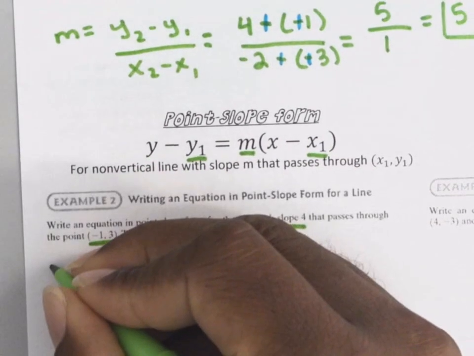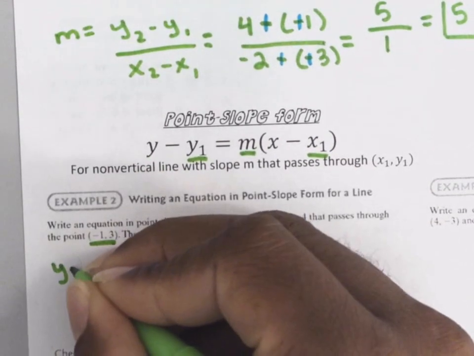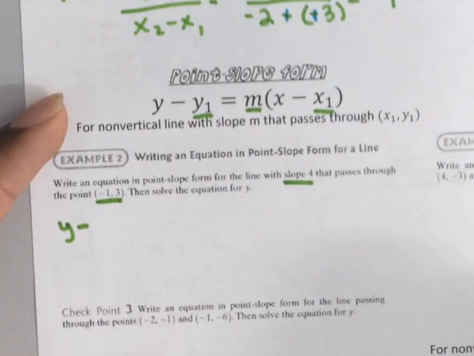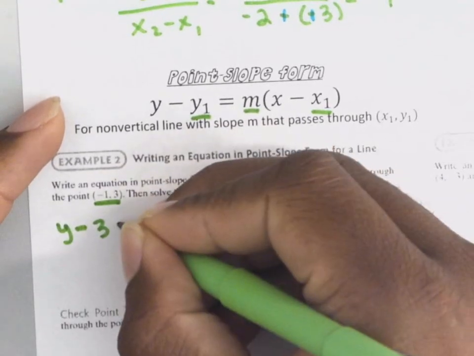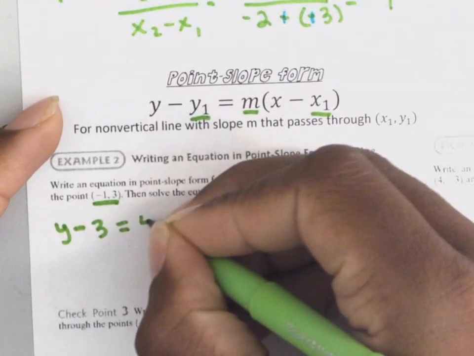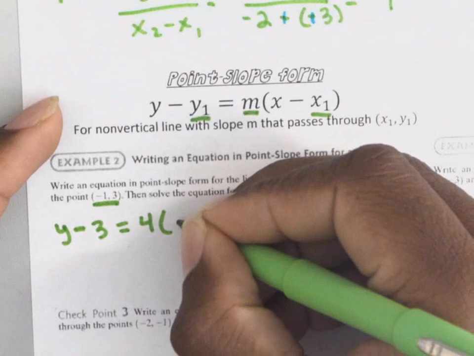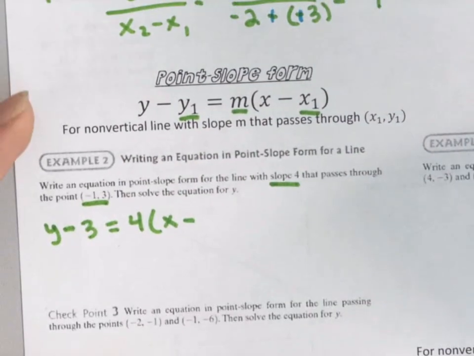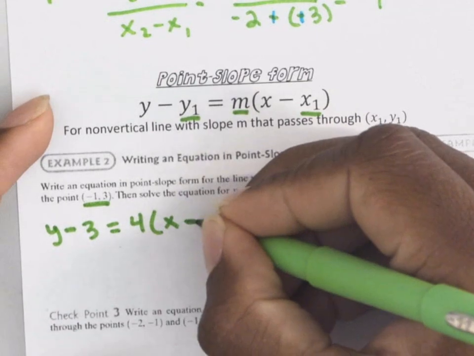So I will start this off by y minus, what's y1? 3. And this equals, what's my slope? 4 parentheses. I don't replace this x, but I do replace x1 with what? -1. Can I go ahead and just do +1?